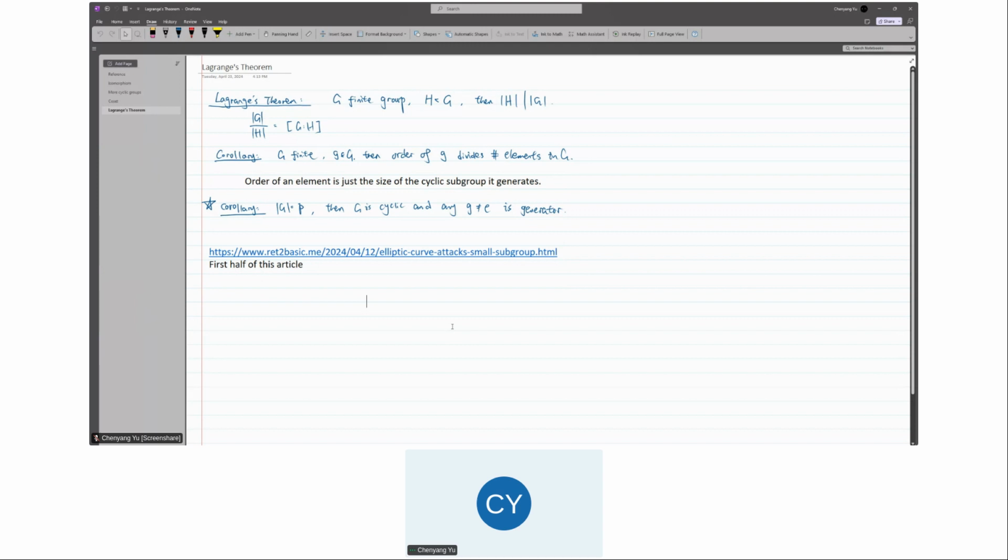So the last page, I want to introduce you to Lagrange's theorem. This one is definitely the one you should memorize. This is the most important theorem we discussed today.